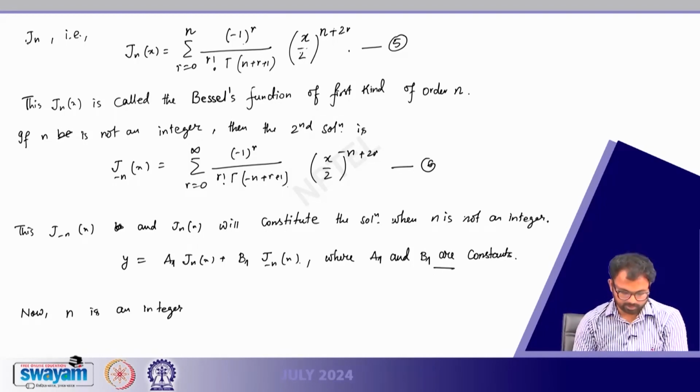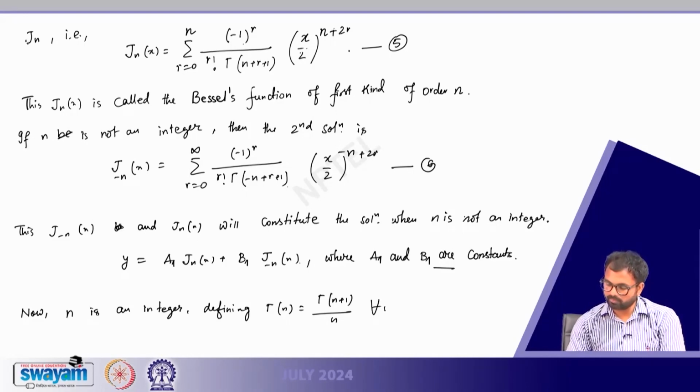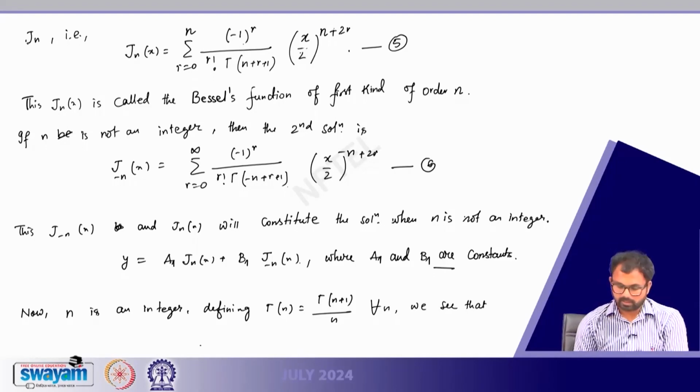Now when n is an integer, then defining gamma n equals gamma n plus 1 by n, but this is our usual formula, gamma n plus 1 equals n into gamma n for all values of n. Then we see that gamma 0 is actually tending to infinity, and gamma minus 1 equals gamma 0 by minus 1, which tends to minus infinity.